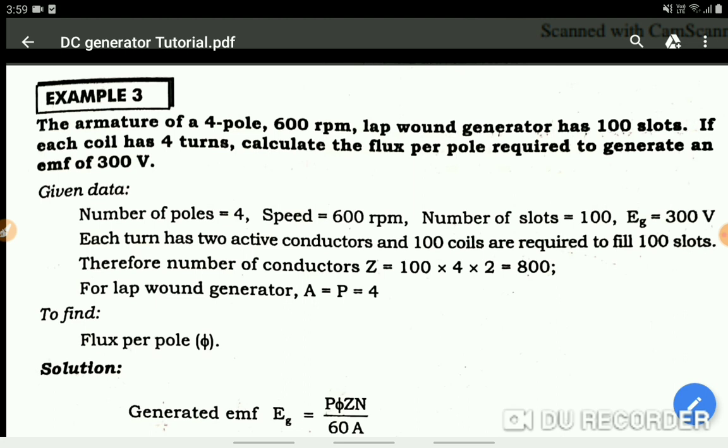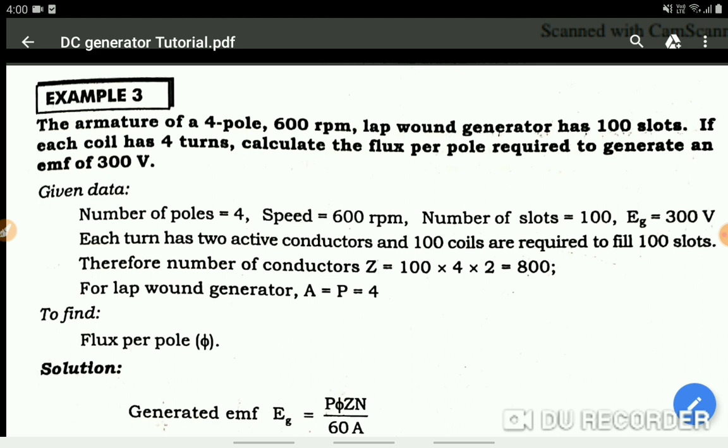In this video we are going to see some more examples related to the EMF equation of a DC generator. Hopefully you can understand the first two examples which we discussed previously. Those who failed to refer to them, kindly refer to the description box where I am giving the link for the first two examples.